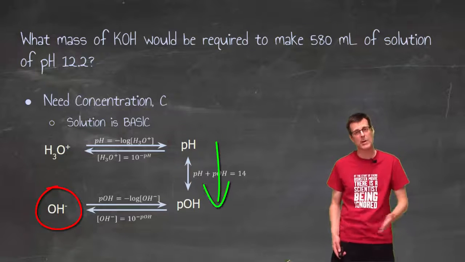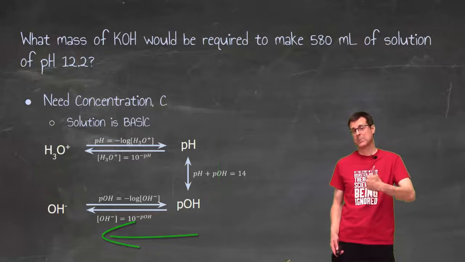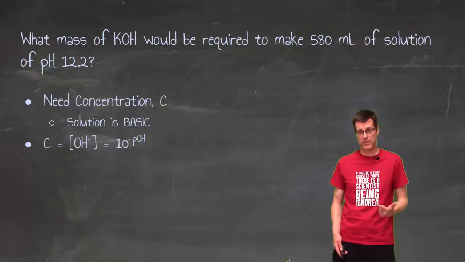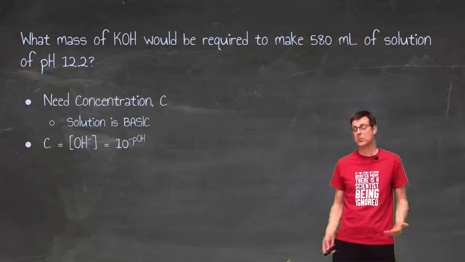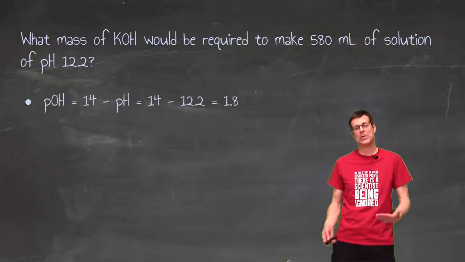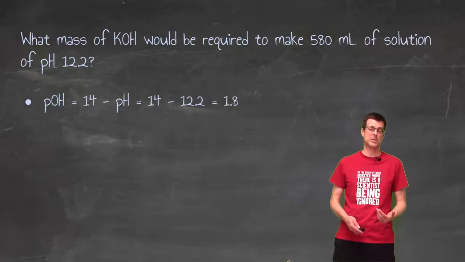So I need to go around the corner. That means I need to first find pOH before I can find concentration. So concentration then is 10 to the exponent negative pOH, but I don't have pOH. I would need to find pOH first. So that is my starting point.